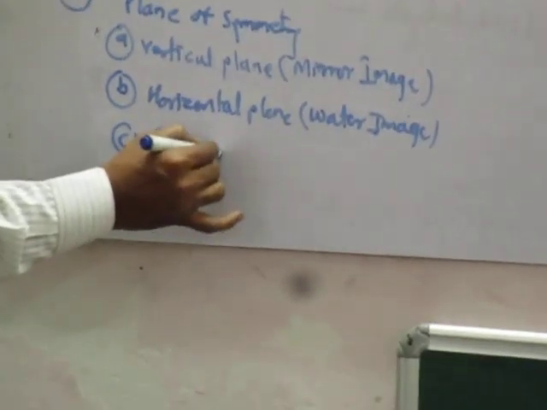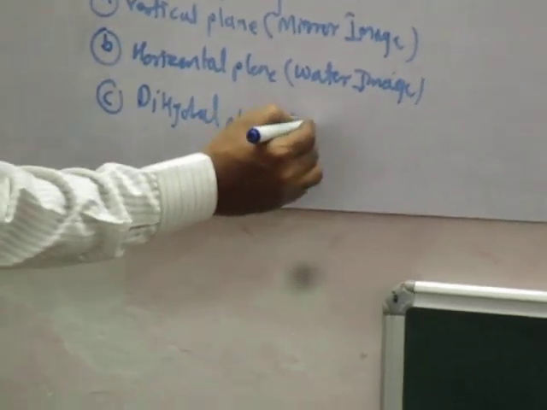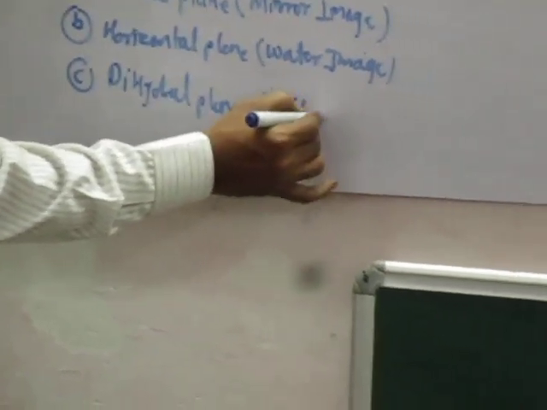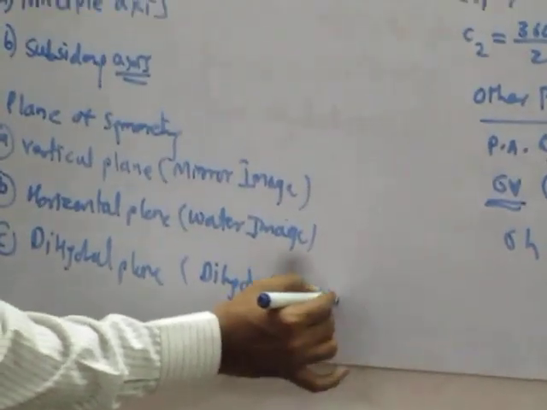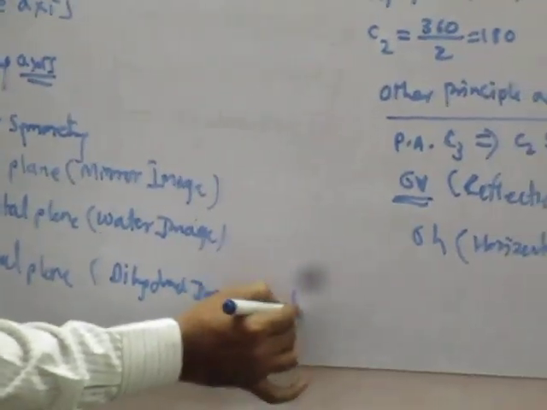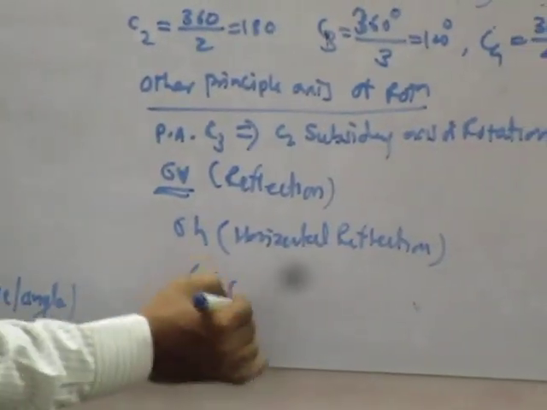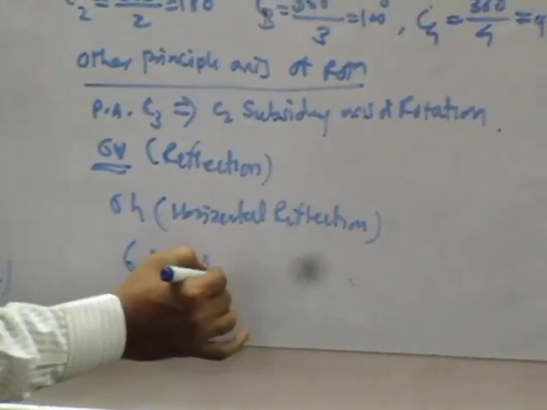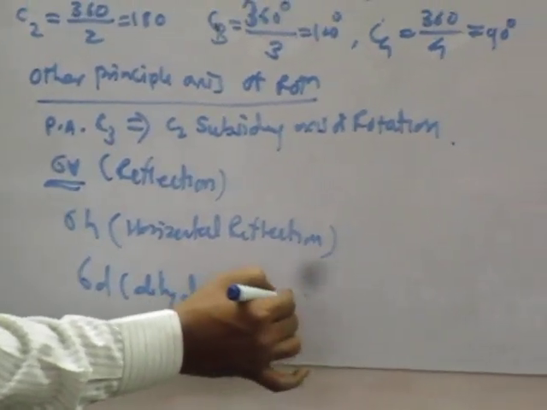Then the dihedral plane, where there is an angle between the planes, denoted by sigma d, dihedral reflection equivalence.